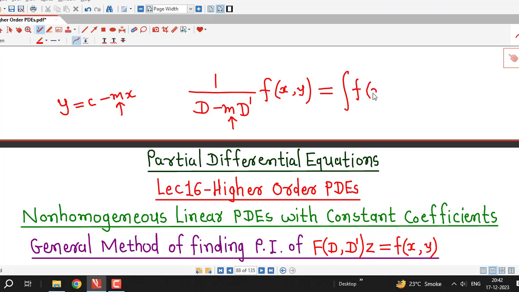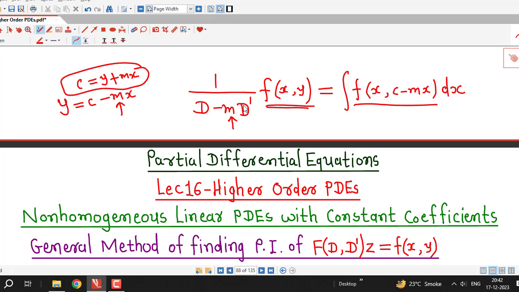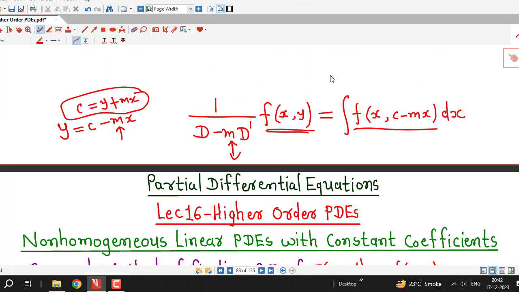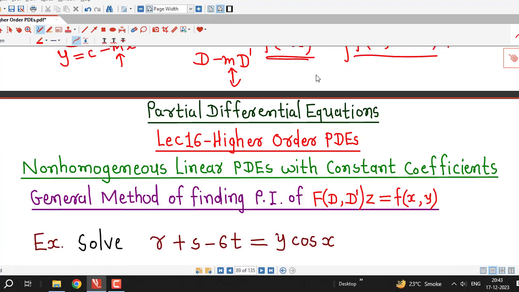If I replace y by c minus mx in this function of x and y, then the resulting function is a function of x only, so that I can integrate it with respect to x, and after integration I will put c equal to y plus mx. This is the main formula for this method that we have to remember, and it comes from the solution of the Lagrange quasi-linear equation that we have discussed in the previous two lectures.